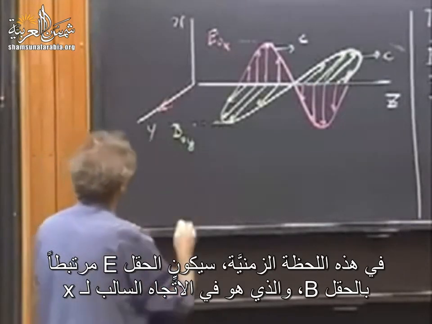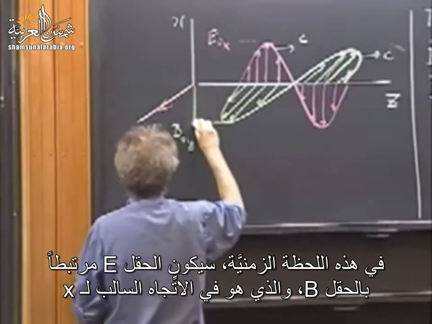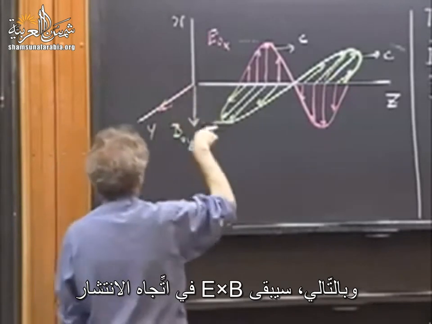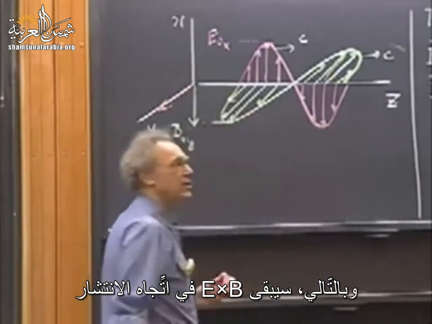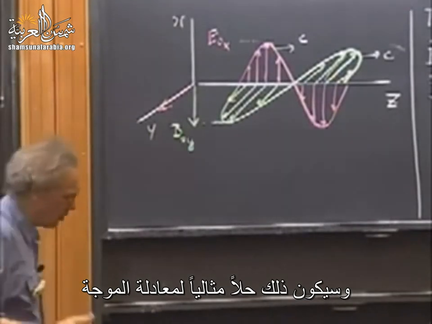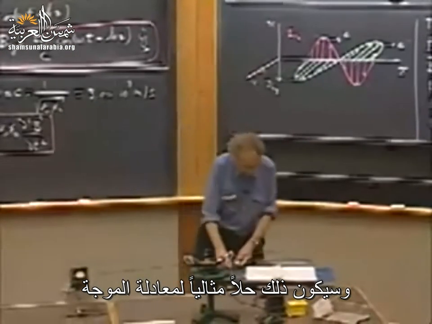At this moment in time, it would be coupled to a B field in the minus x direction, so that E cross B is still in the direction of propagation. And that would also be a perfect solution to the wave equation.